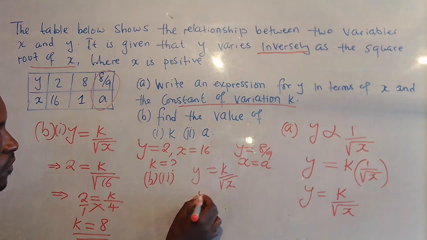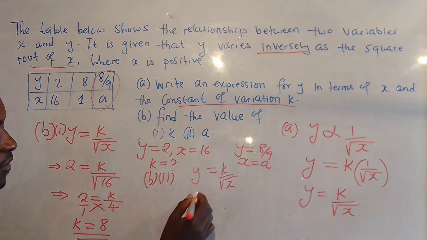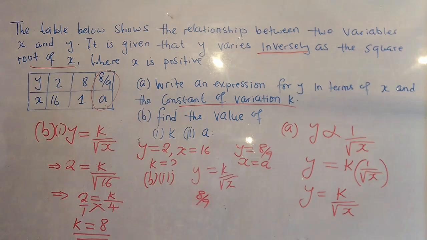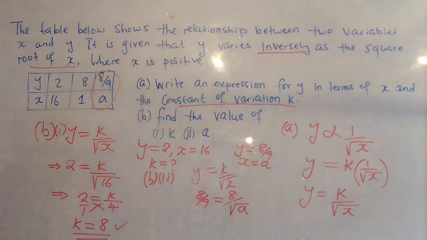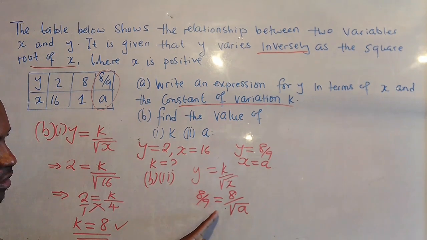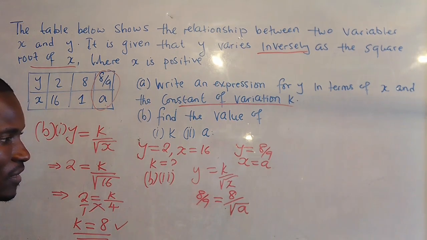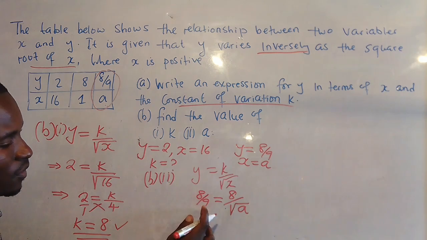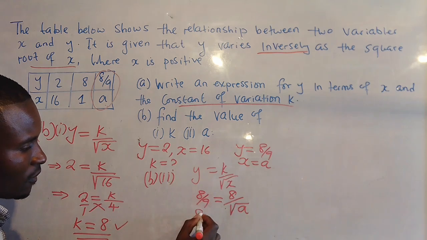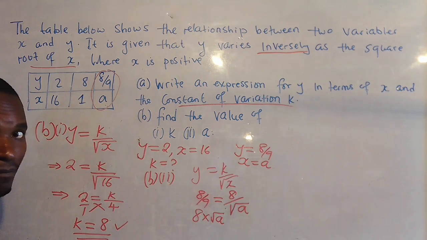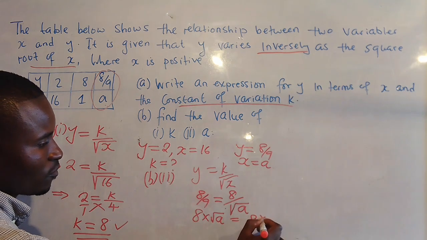So 8 over 9 is equal to 8 over the square root of A, because I know now that k is 8, and I'm just replacing x with A. Now you can cross multiply: 8 multiplied by the square root of A is equal to 8 multiplied by 9.